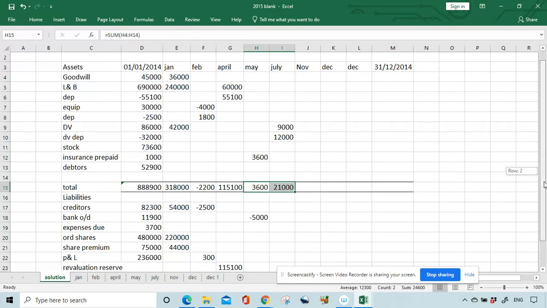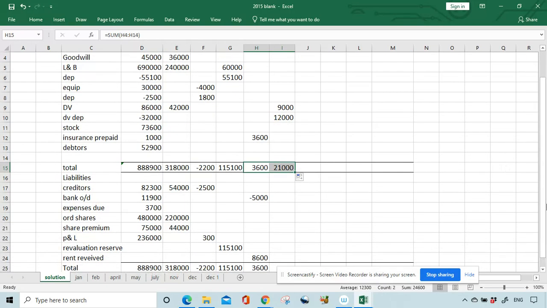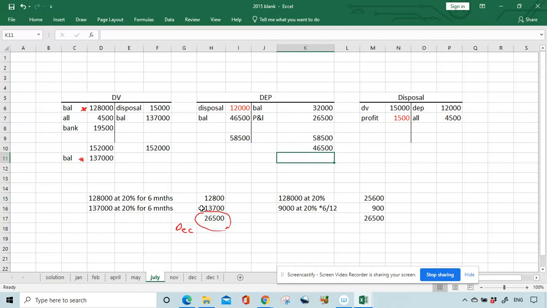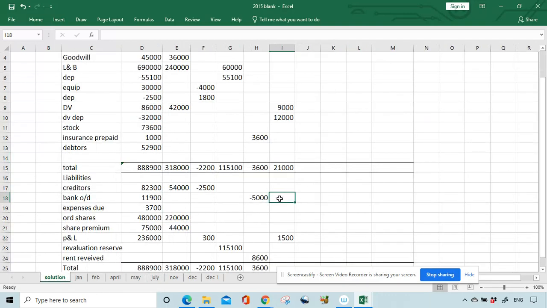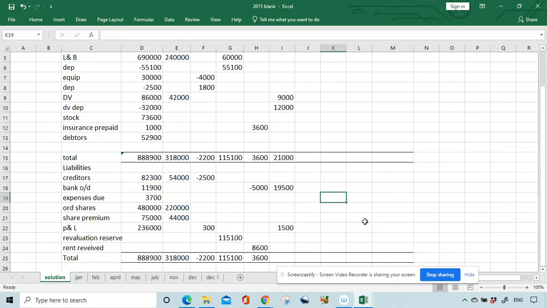Then I go to my liabilities. What's happened? We made a profit of 1,500. And my bank overdraft, remember, how much did I actually pay for the new van? 19,500. So my bank overdraft is going to increase by 19,500. So if I add that up, it should match, yeah, 21,000.